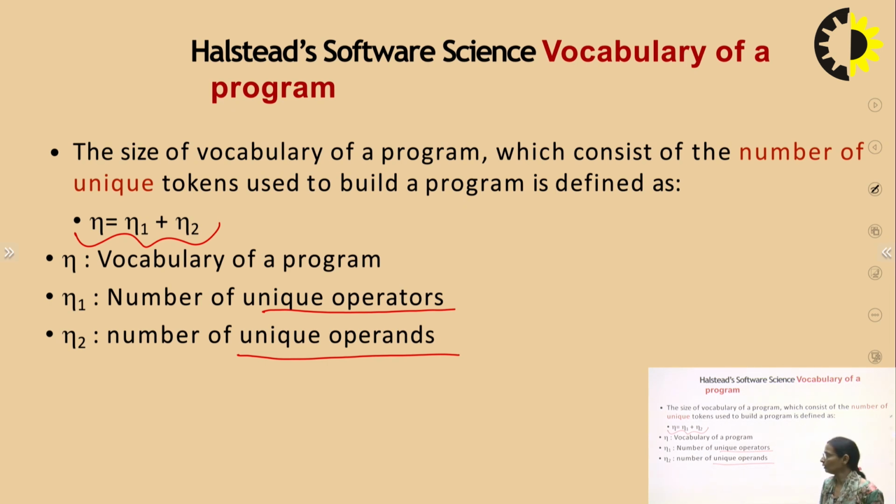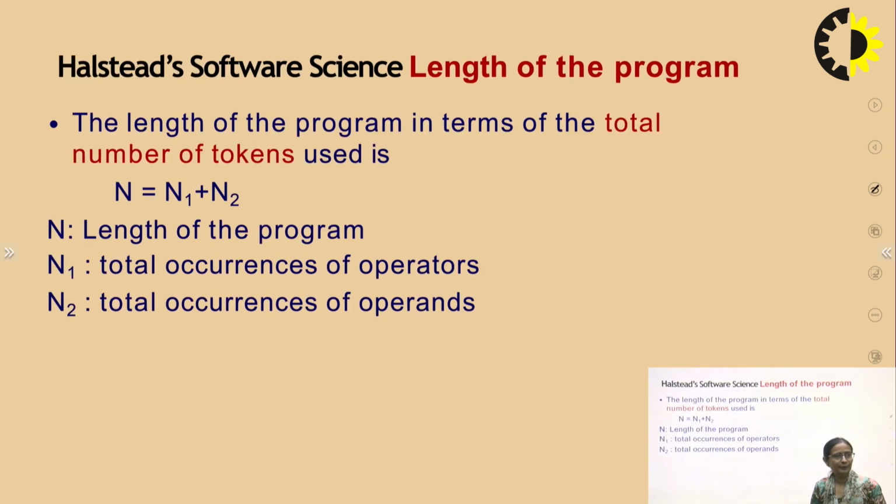We are working on the unique part. So, the size of the vocabulary of a program, which consists of the number of unique tokens used to build a program, is defined as the vocabulary of a program.